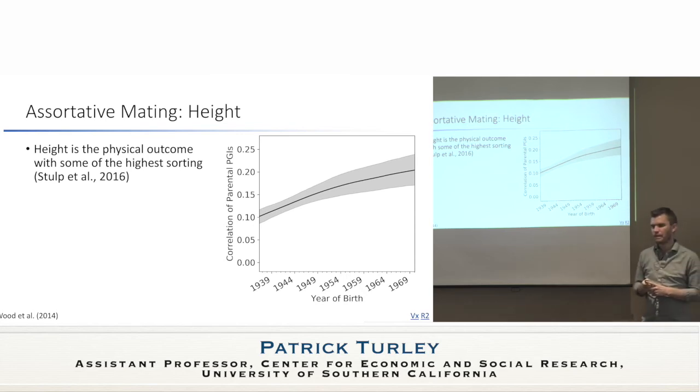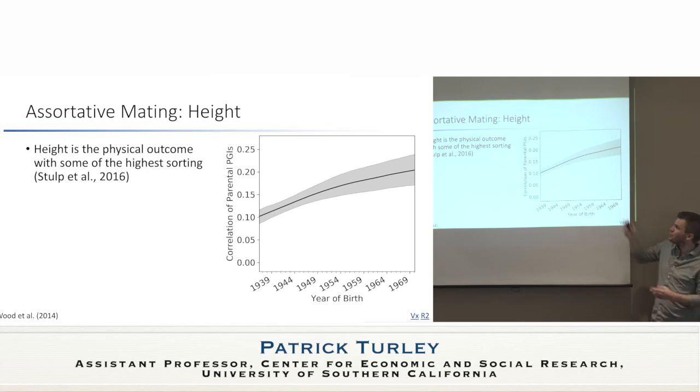So the predictability of the PGI for height changed over time. Do you know, I think I've unlinked these. In this data, it doesn't look that way, actually. I think that it's pretty flat. If you look at the R-squared of PGIs for people in different decades over this time period, the R-squared is about the same every year.